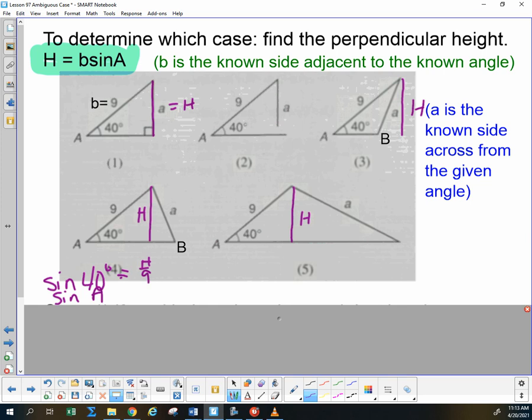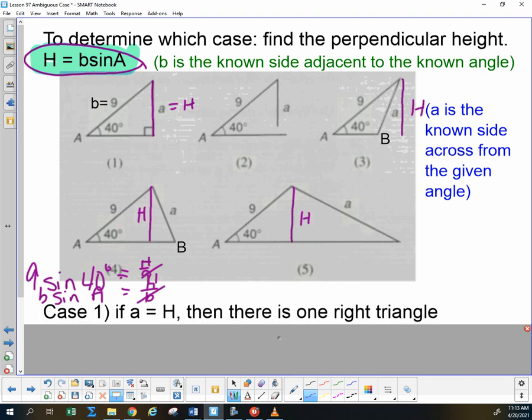So that would mean H is 9 times the sine of 40. If I did it with little b instead, it would be H over b. So H would be little b sine A, which is the formula that you see right here. That's the formula we're going to need to test to see if we have an ambiguous case or not.